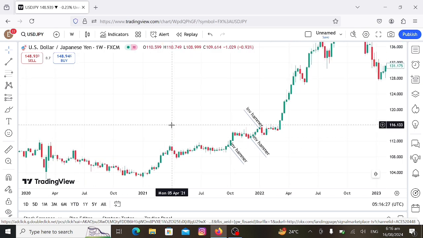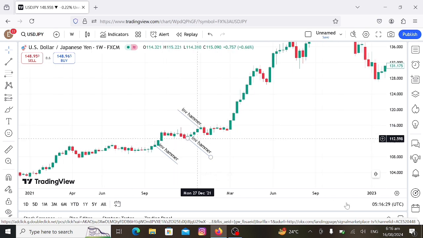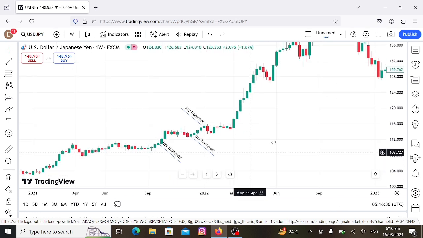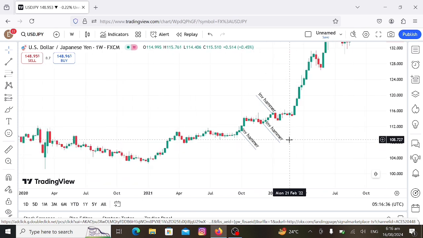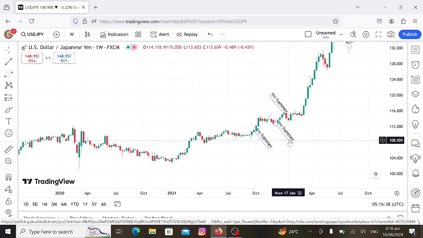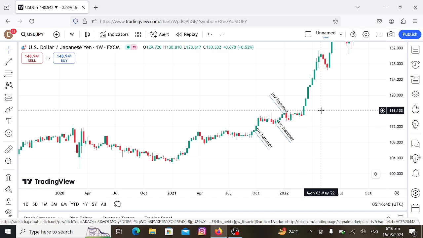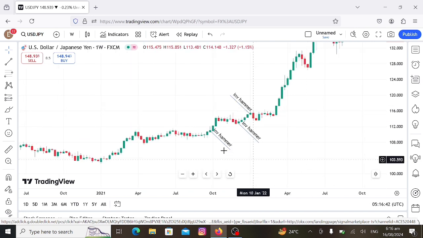So you have to practice, and while practicing, don't try to do what I did. Use another chart. You can see inverse hammer all over charts. So you try another currency pair, look for inverse hammer.